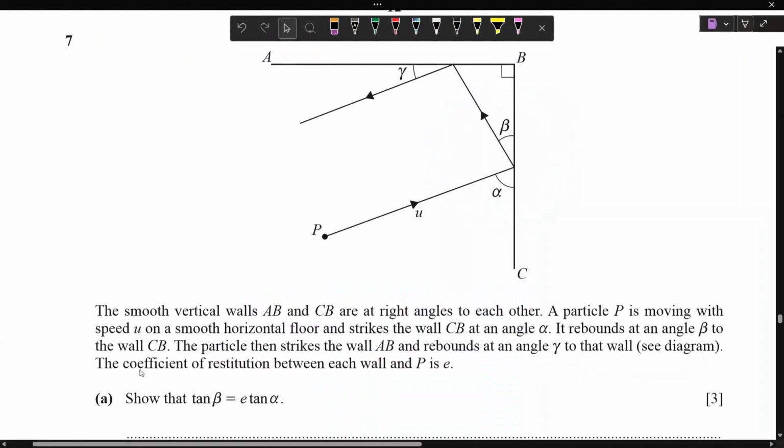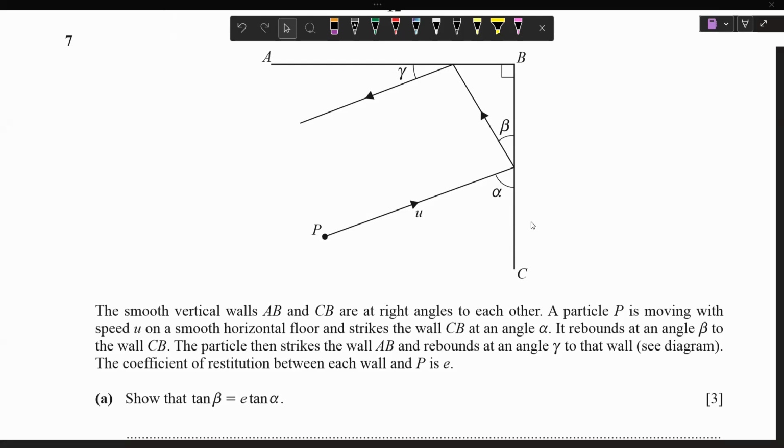Okay, so here's the question, number 7, and it says the smooth vertical walls AB and CB are at right angles to each other. A particle P is moving with the speed u on a smooth horizontal floor and strikes the wall CB at an angle alpha. It rebounds at an angle beta to the wall CB.